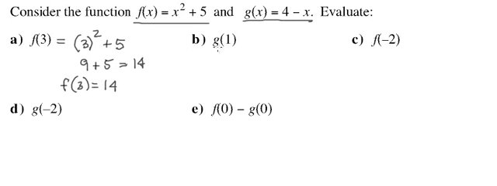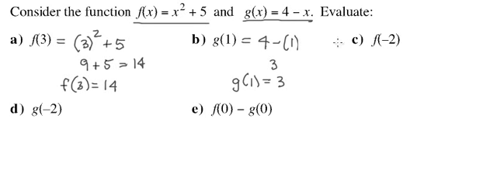G of 1 means, okay, now use function g, same idea. 4 minus, everywhere there used to be an x, put a 1 instead. 4 take away 1 equals 3. Or if you want a pretty answer, g of 1 equals 3.